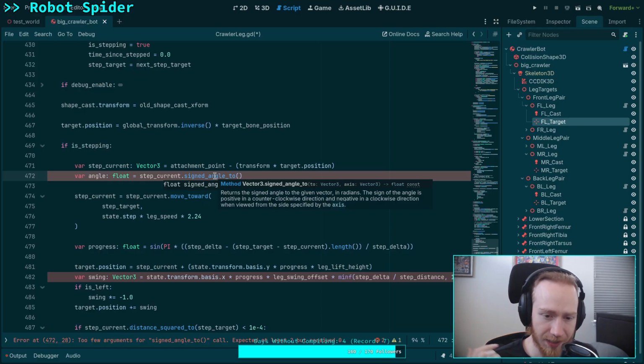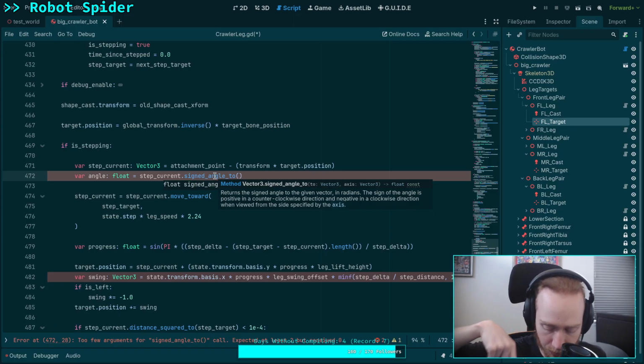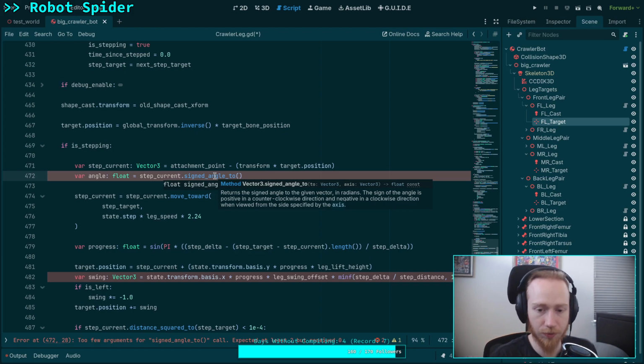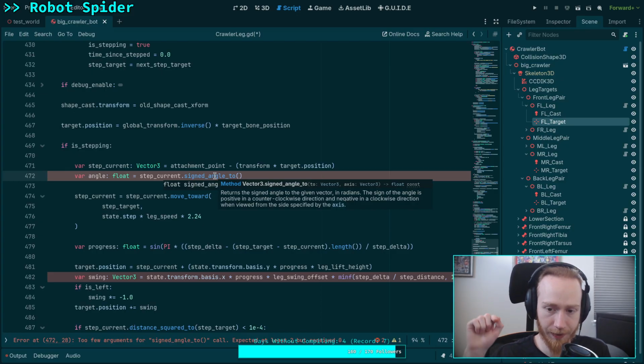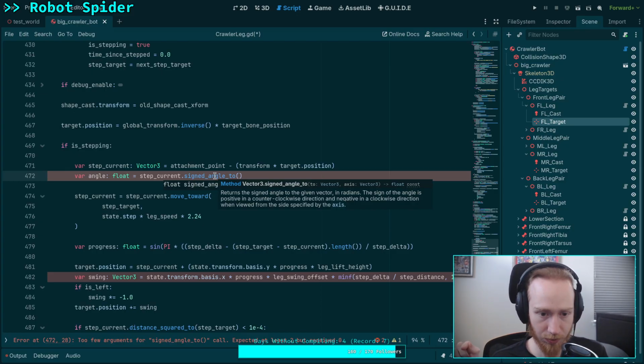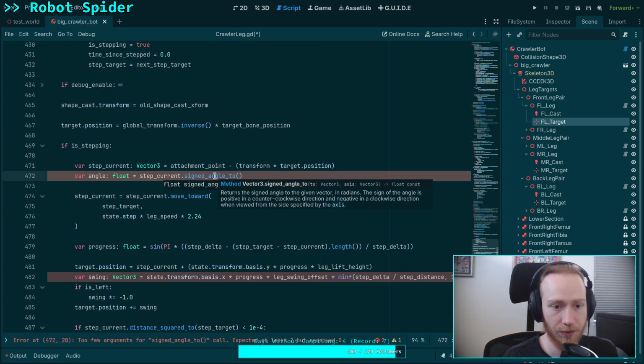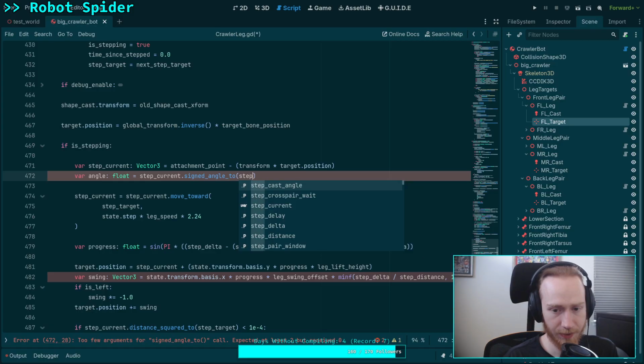When viewed from the side specified by the axis. So if I say the up axis, I'm looking down, and it's a counterclockwise rotation from that. So 2 step current to this one. So if I do that rotation on the axis, it's step target.